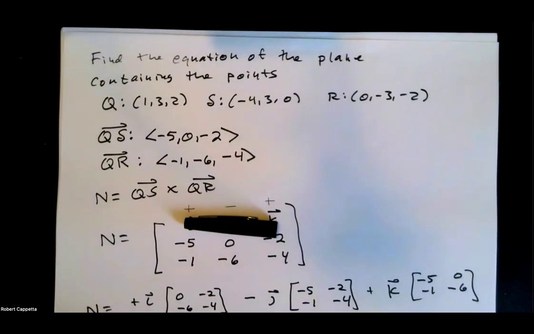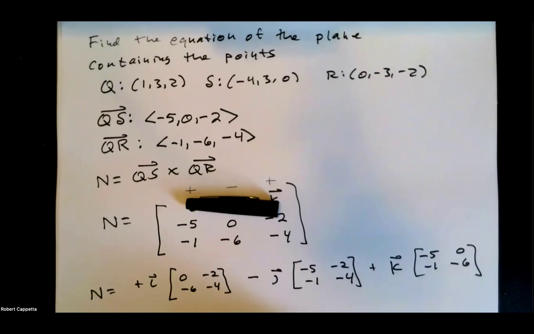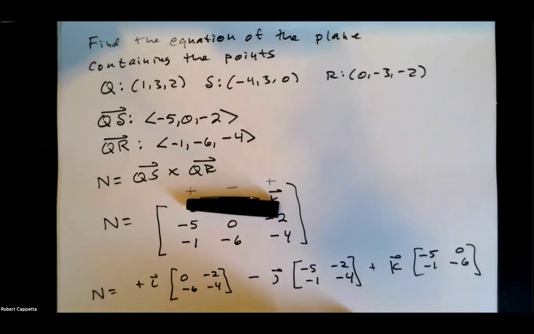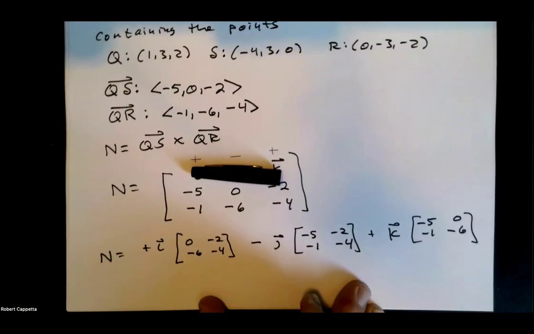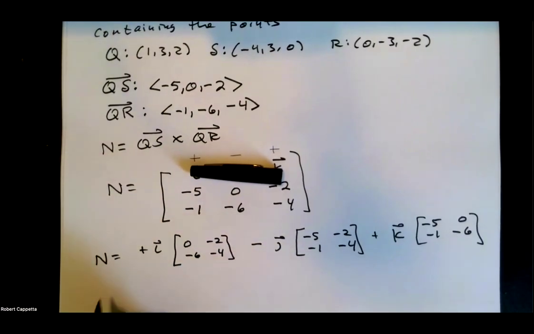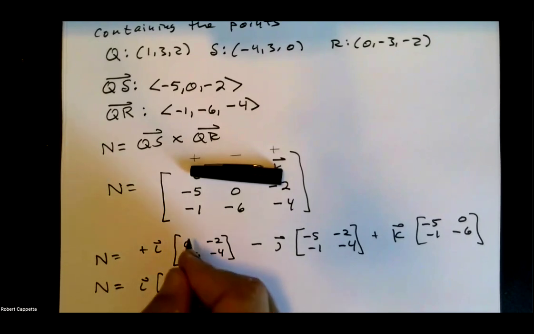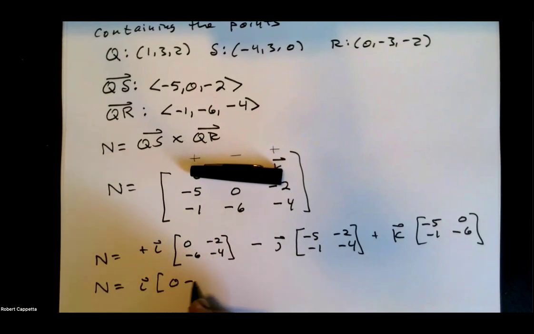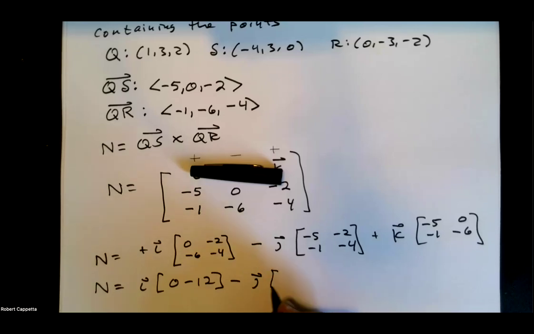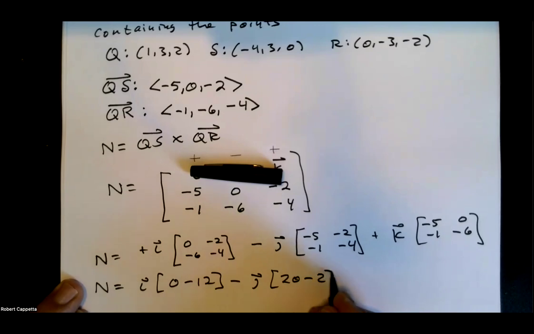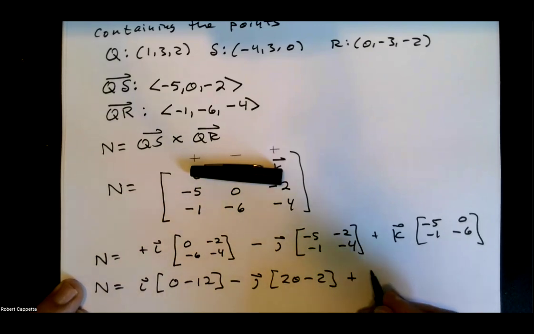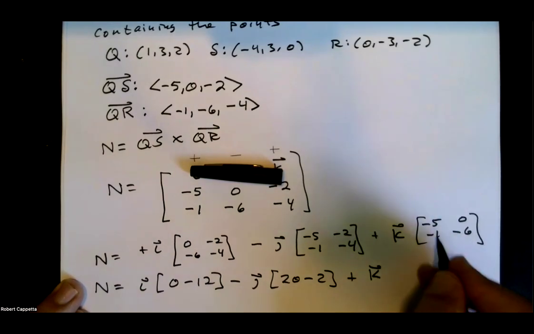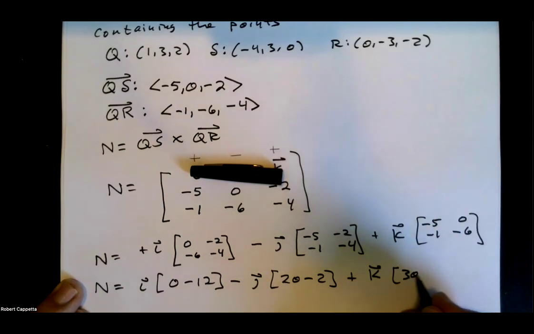Then we're going to evaluate these determinants. So what will that give me? We get n equals. In the i direction, we get 0 minus 12. Minus, in the j direction, we get 20 minus 2. In the k direction, we get 30 minus 0.